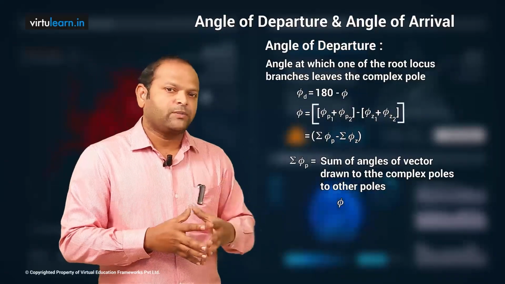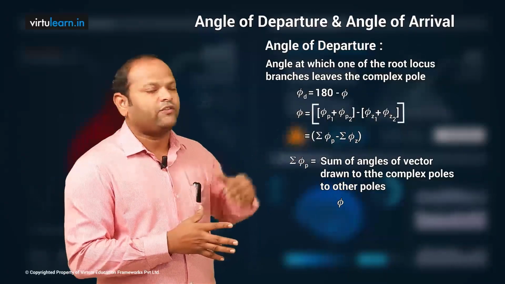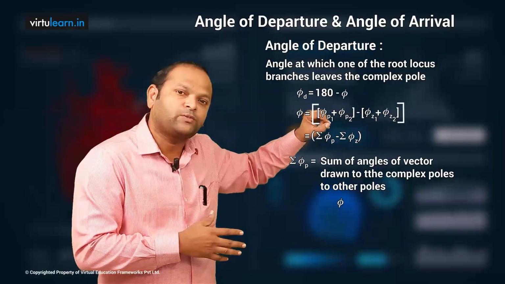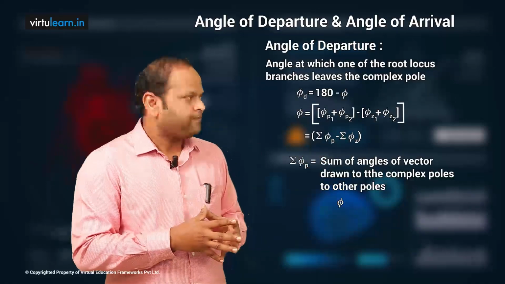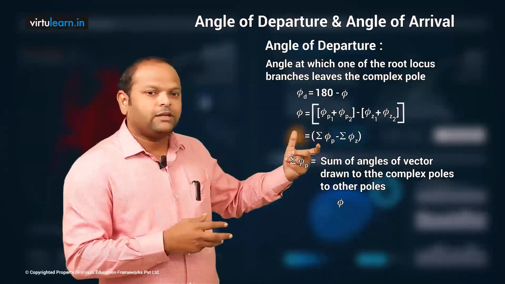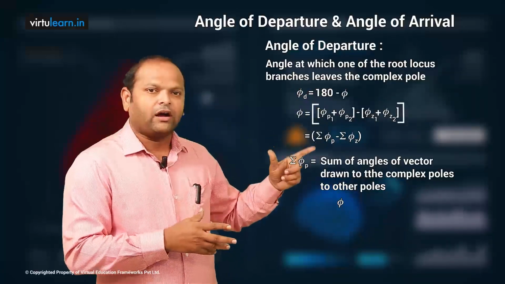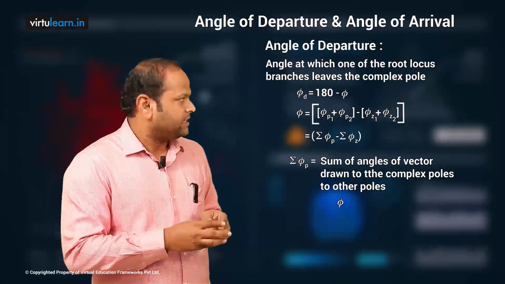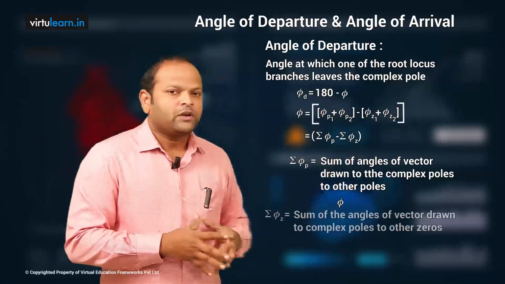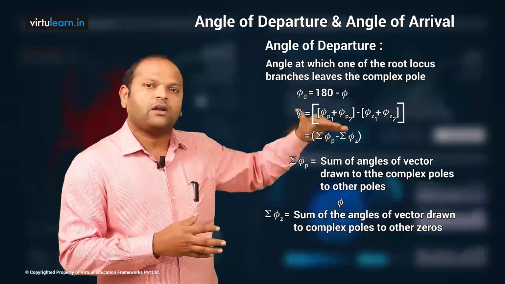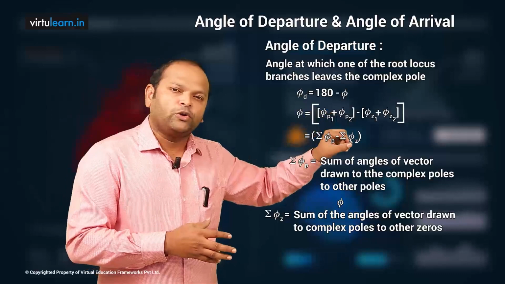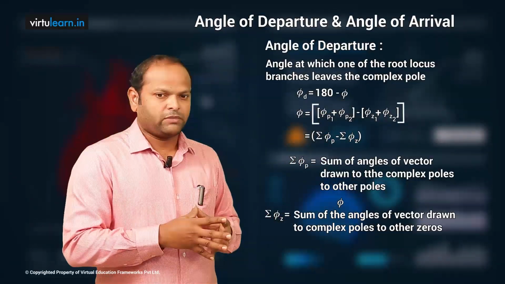So sigma phi p is the sum of the angles of the vectors drawn to the complex pole from all other poles. We can calculate phi p by drawing the vectors and measuring, or analytically also we can do it. Similarly sigma phi z is the sum of the angles of the vectors drawn from the complex pole to the zeros.